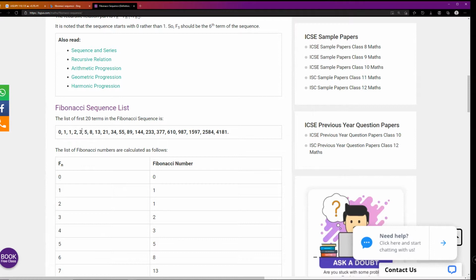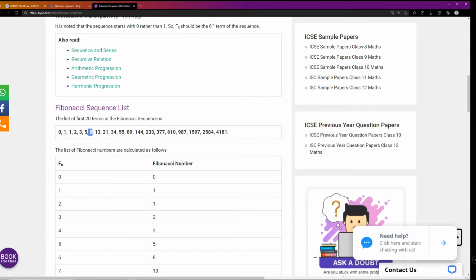Without looking at all of these, if I was to black it out, you could predict what would go right here. I can't really draw any box or anything like that. But if you were to not look at this, 2 plus 3 is 5. Boom. So you would know that this is the 6th term.